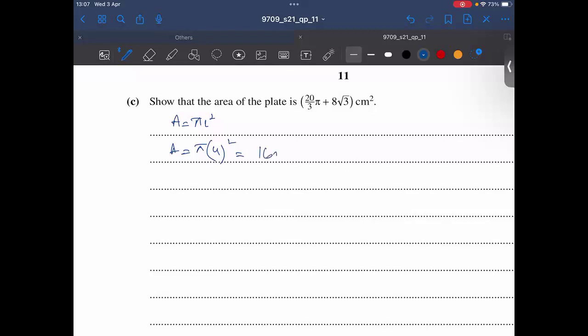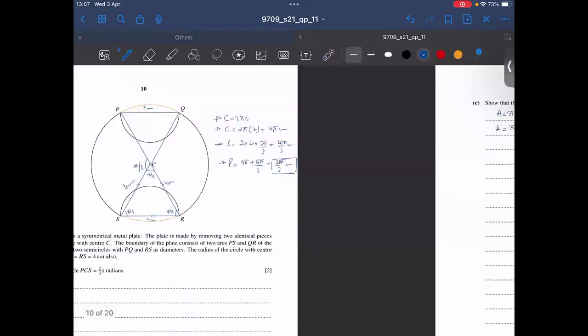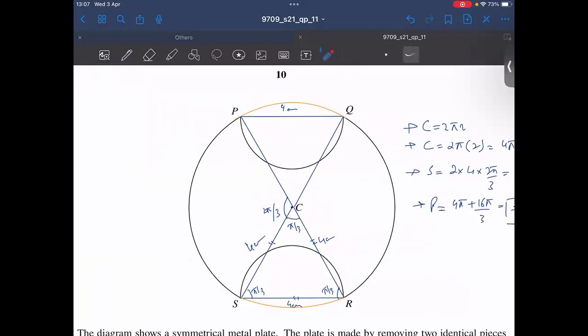It's going to be 16 pi centimeters square. We just need to leave the answer in the exact form, which includes pi and square root. So 16 pi cm square is the area of the whole circle, and I'm going to subtract from this.